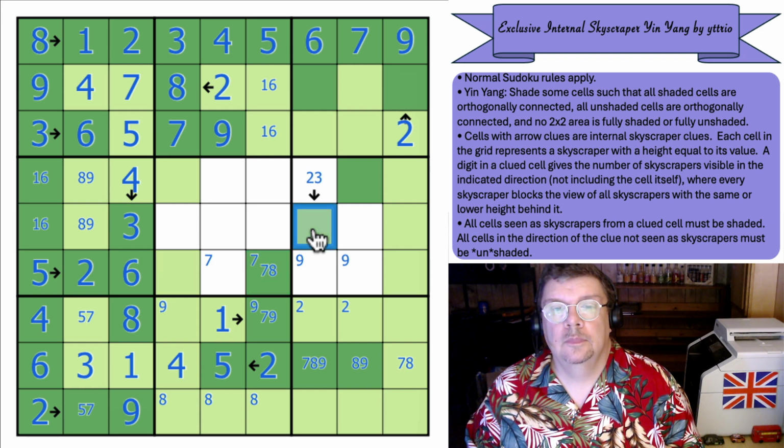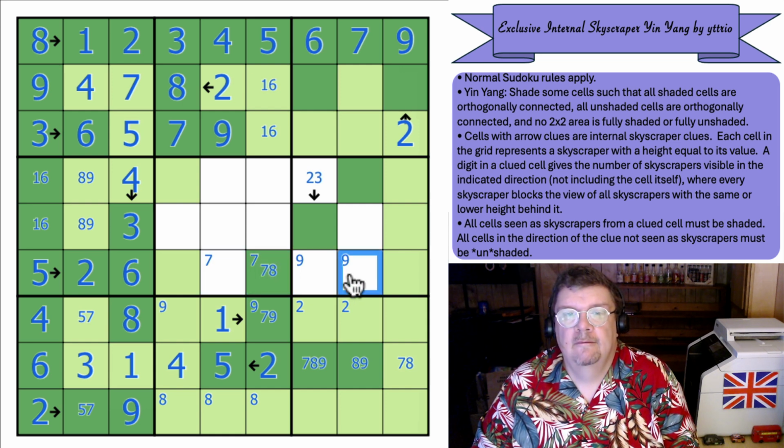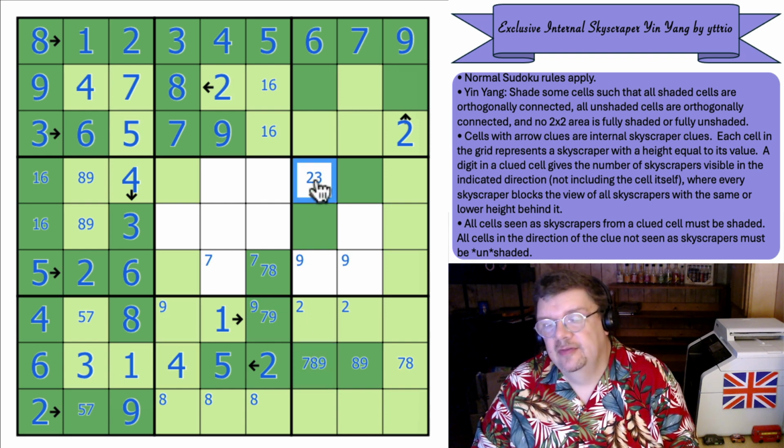If that's a 2, that's shaded, that's unshaded. That is then 7, 8, 9, and that's shaded. If that's a 3, that's shaded but not a 9. Ah, that's the key. That can't be a 9 because we have to have a terminating 9 for this clue. There we go.